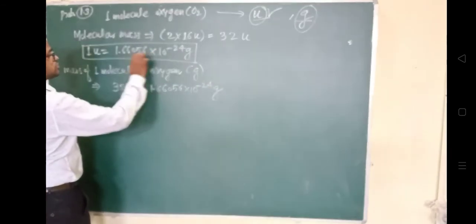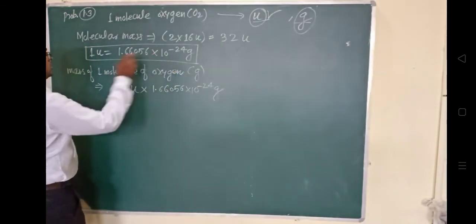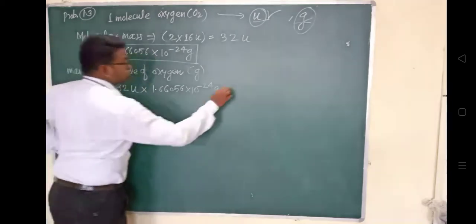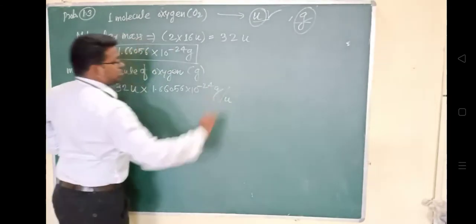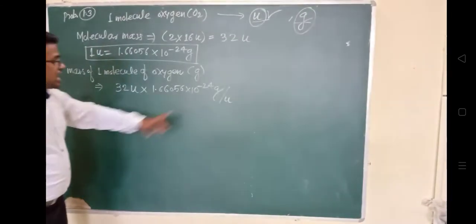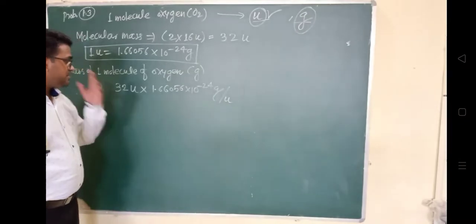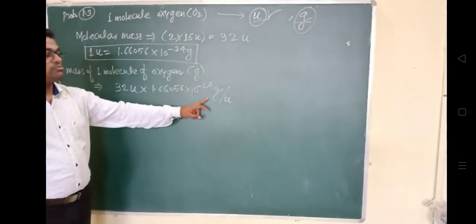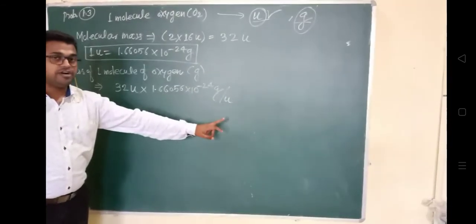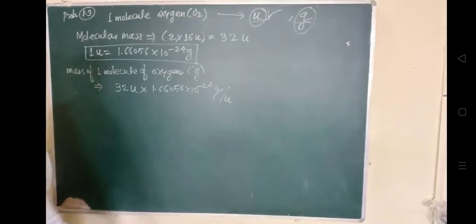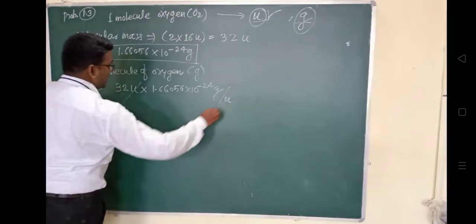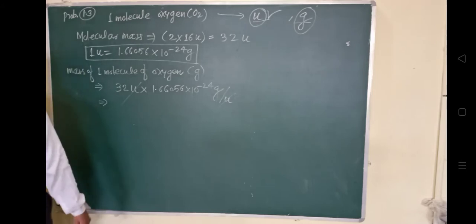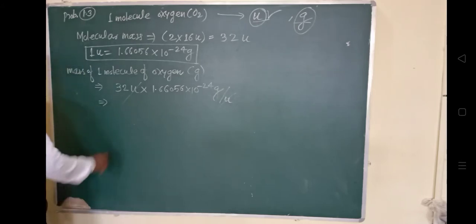This is this much gram for one unified mass. So in this way the u and u will get cancelled. When we multiply 32 with this, the answer that we are getting is 53.1379 into 10 raised to minus 24.